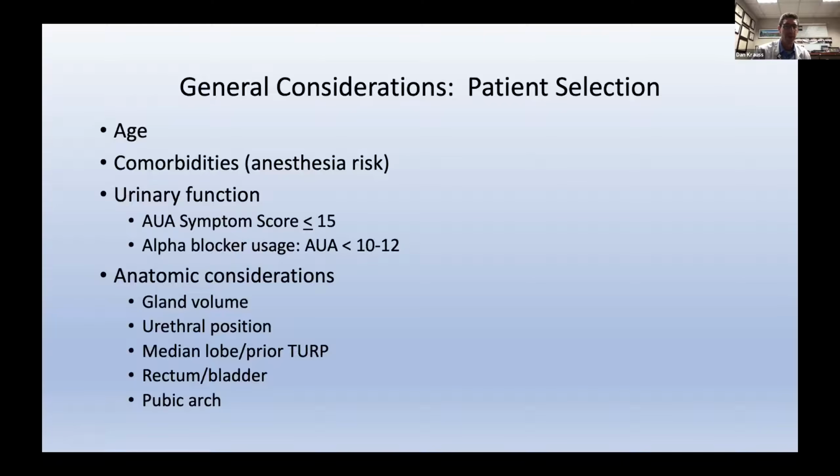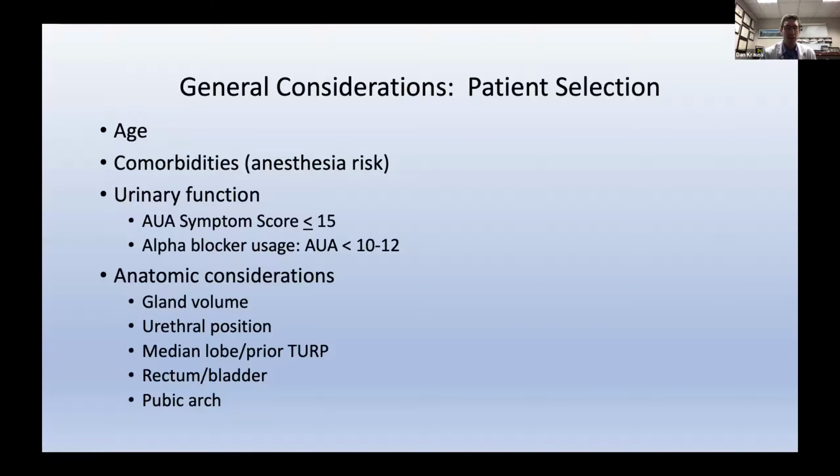I'm usually pretty comfortable looking at urinary function independently. Comfortable doing an implant on a patient with an AUA symptom score less than 15. If they're on alpha blocker usage and have a score of 10 to 12 or less, I'm usually pretty comfortable with those patients.